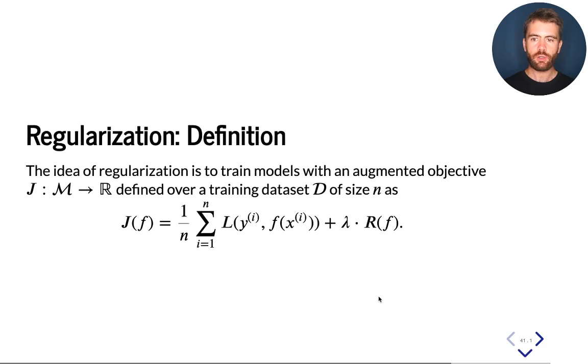So recall from the previous video that we defined regularization as a way of penalizing complex machine learning models by taking a standard machine learning objective function and adding to it an extra term called the regularizer, which assigns a high value to machine learning models that are complex.